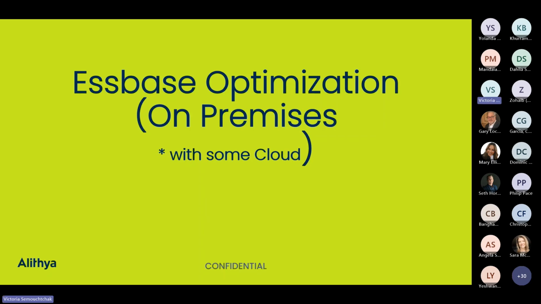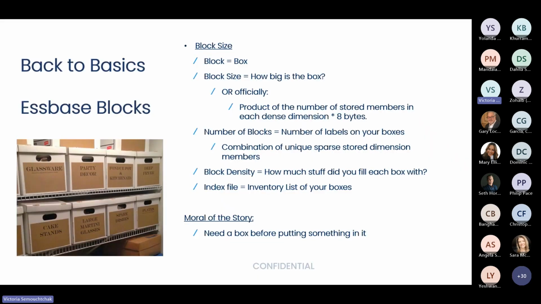So I figured we'd get started by looking at the most important player in the world of Essbase and planning. And to me, that is the Essbase block, right? And I use this analogy whenever talking to customers: an Essbase block is like a box of stuff in your garage, right? The size of the box is the block size.